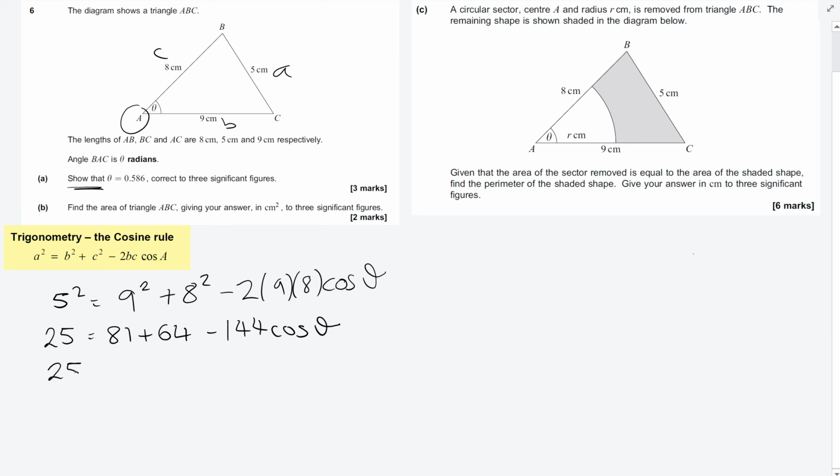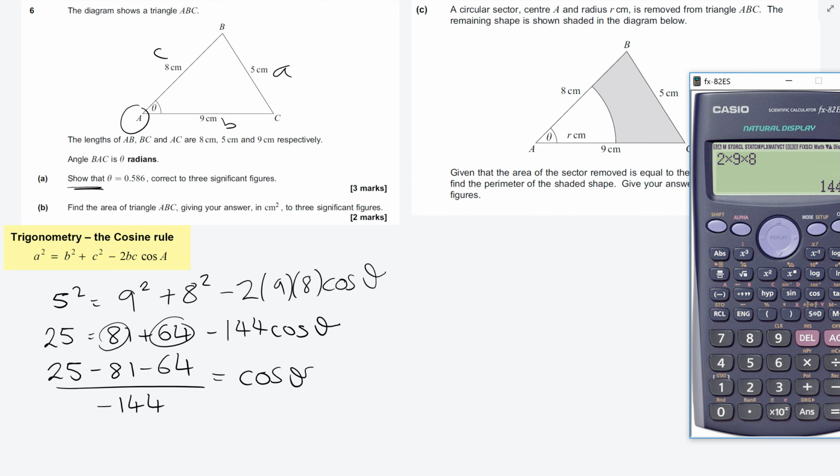So it's 25 minus 81 minus 64 divided by minus 144 is going to be equal to cos theta. So that's just moving the 81 and the 64 over and then dividing by what cos is being multiplied by.